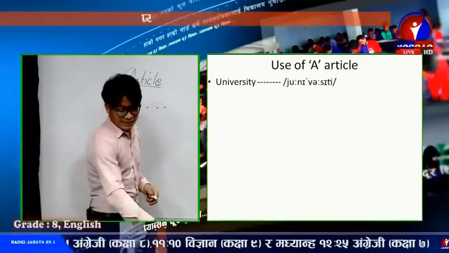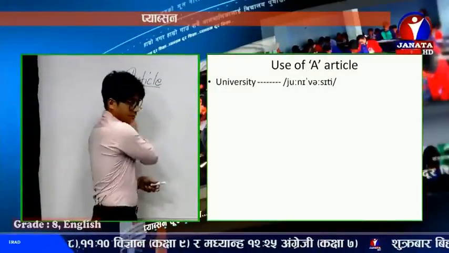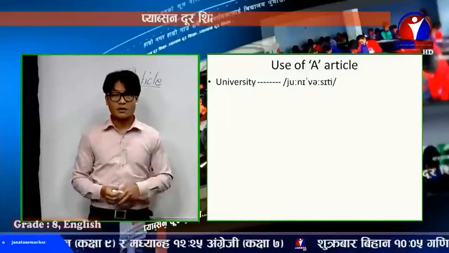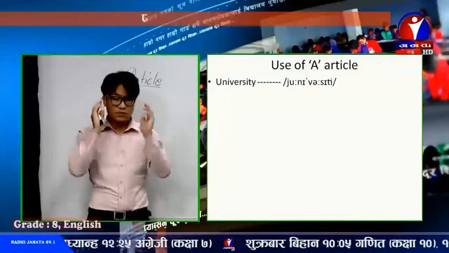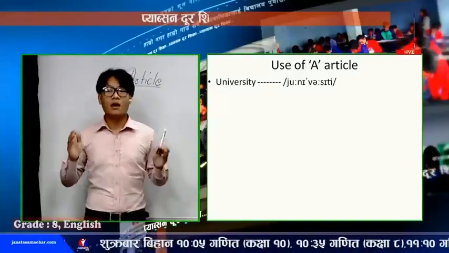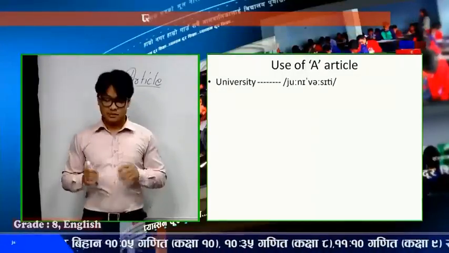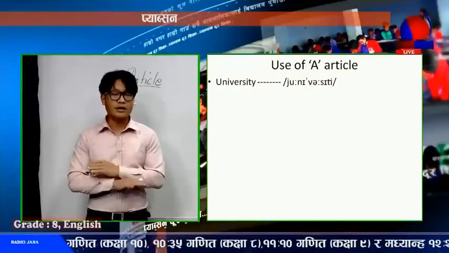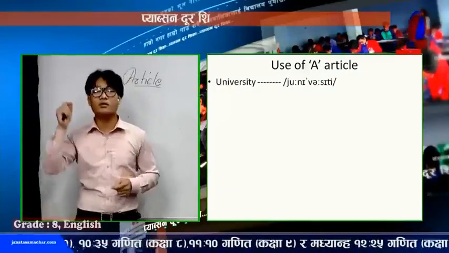First word you can say university. So you may get confused here that the first letter is U, and U is a vowel letter. But we are not going to use according to the letter, we are going to use according to sound.